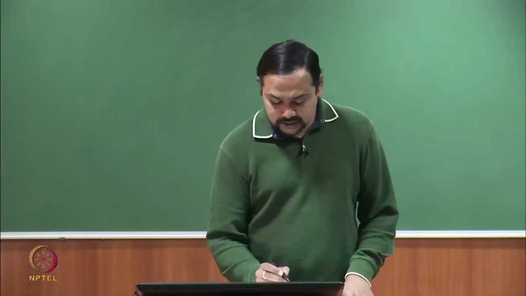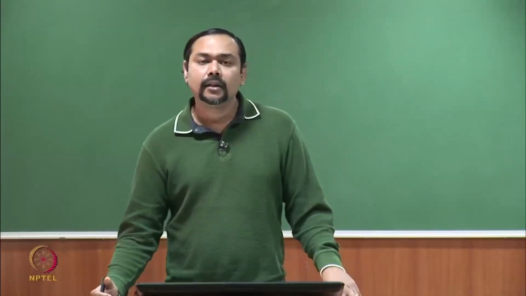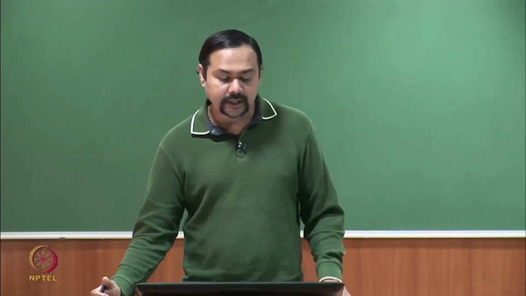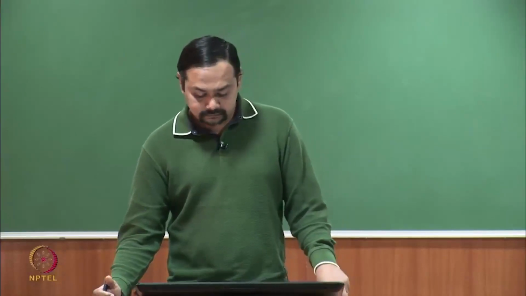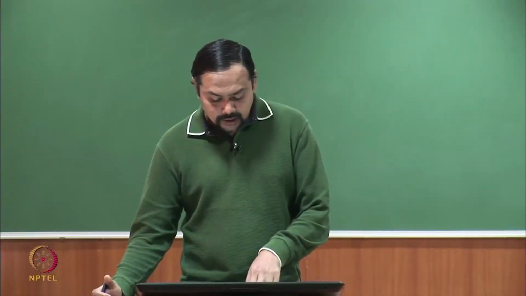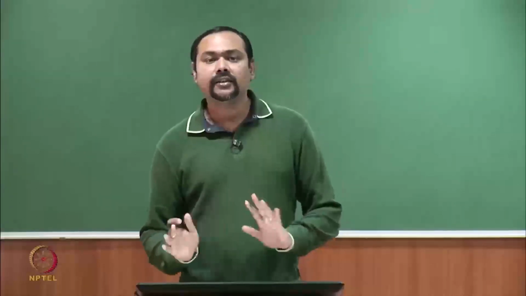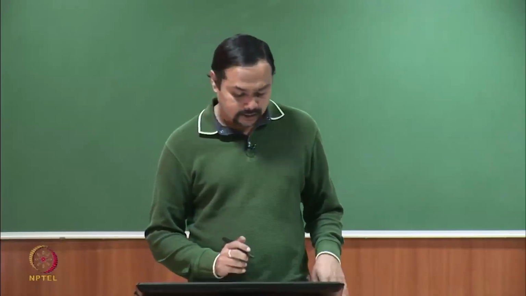So this vector should have been much closer here. It should have been like here, more close to the vector at point B. And T1 is 0.19 and T2 is 0.27, so these are their relative weightages.